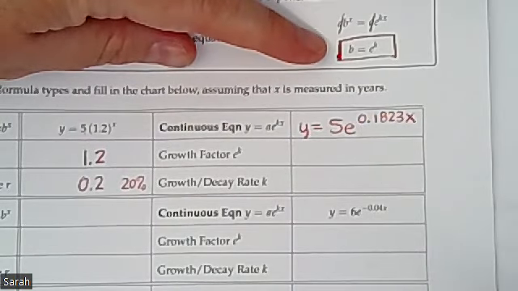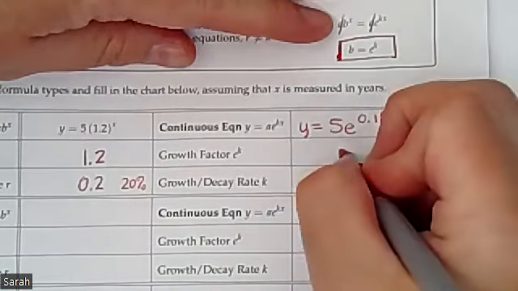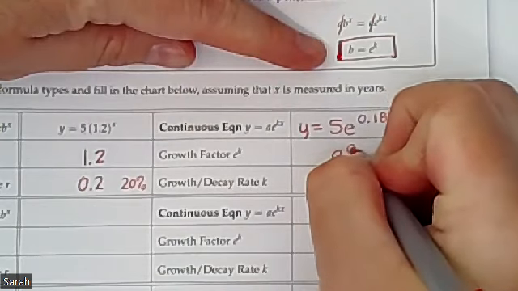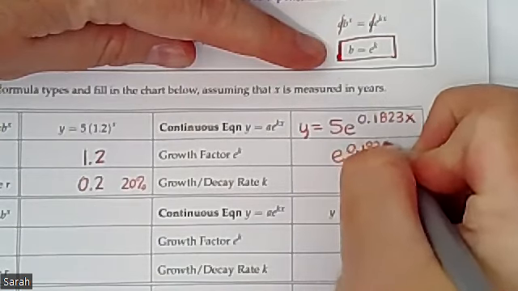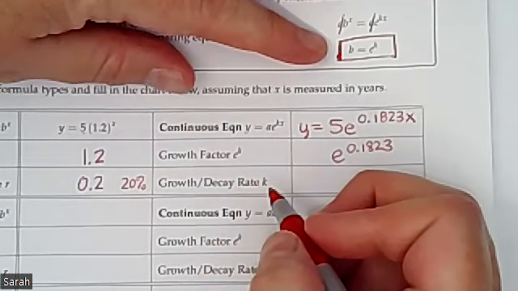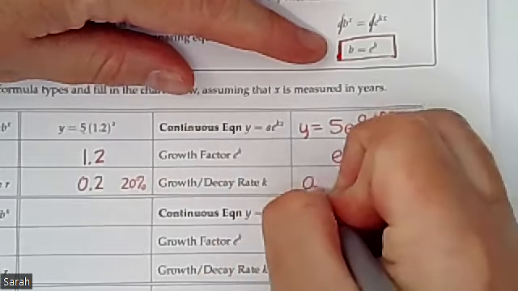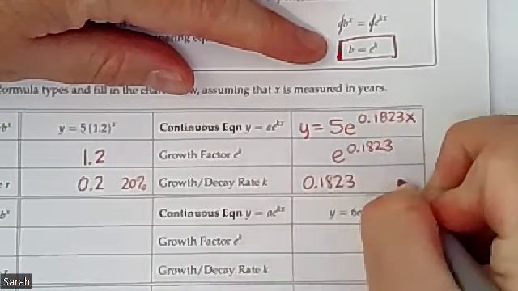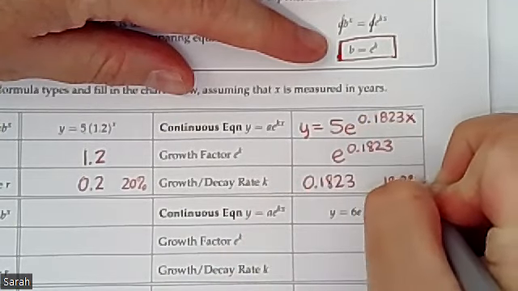There is my equation. My growth factor is e to the 0.1823, and my growth or decay rate, that's the k, my exponent, 0.1823 or 18.23%.